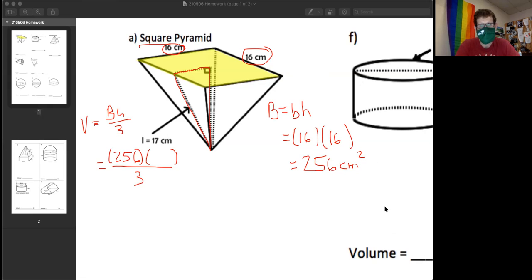Notice what I drew on the screen. What is that shape that I sketched, superimposed on top of the pyramid?